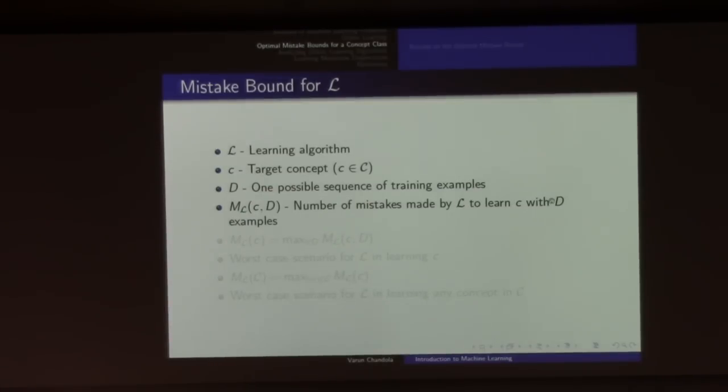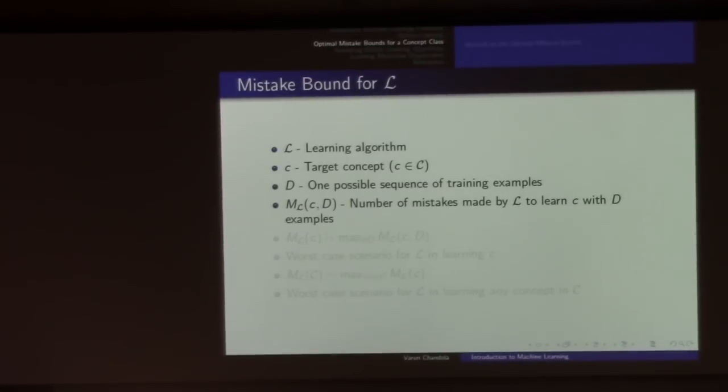So we assume that yes, eventually it will learn that c, but how many mistakes it makes is quantified by this number. But that is not a good measure for that algorithm, because what we have seen in the past too is that it totally depends on the training examples. You might get a really bad training data set in which you would make a lot of mistakes. You might get a very nice data set in which you might make 0 mistakes and learn the concept, right?